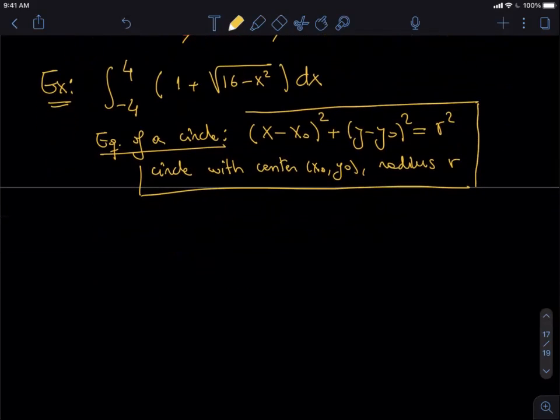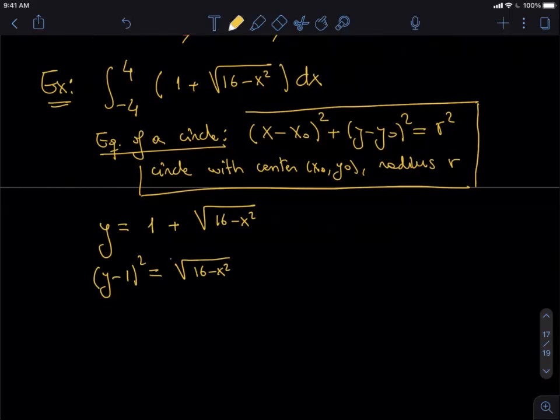Now, why am I mentioning this? Because if I write the function f of x that I have, 1 plus square root of 16 minus x squared, what do I get? So y minus 1 equals the square root of 16 minus x squared. But then I can take squares on both sides.